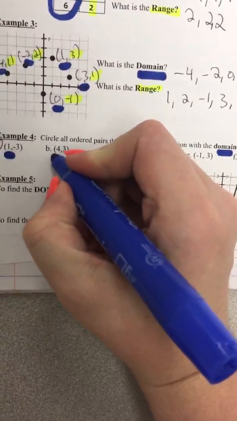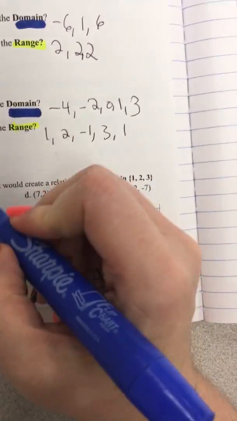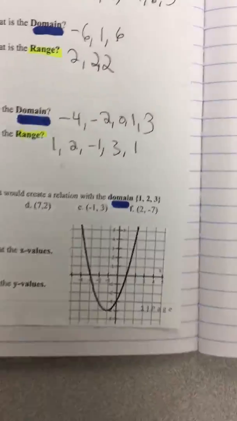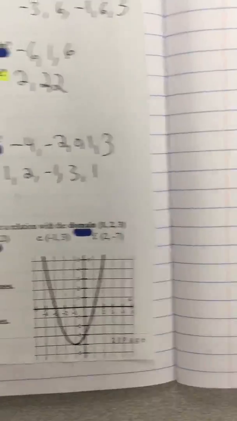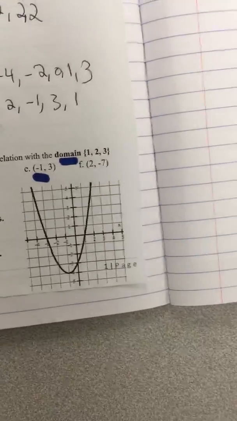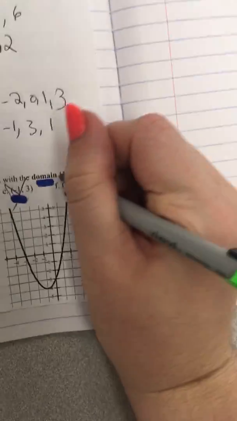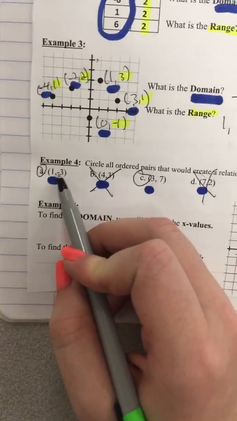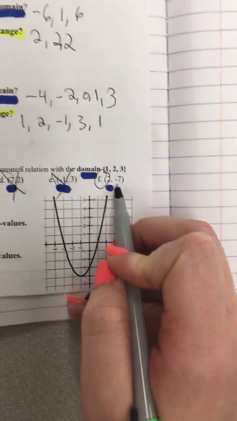So let's see. 1, 1, yes. 4, 4, no. 3, 3, yes. 7, 7, no. -1, -1, no. 2, 2, yes. So the ordered pairs that create a relation with a domain of 1, 2, and 3 are 1, -3, 3, 7, and 2, -7.